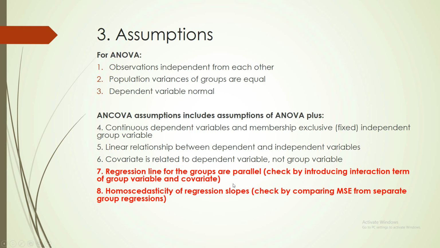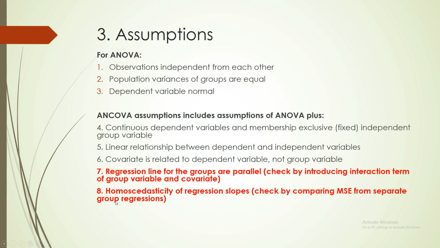The way we check for this assumption is we introduce an interaction term of the group variable and the covariate to see if this variable is significant. And if this variable is significant, then the regression lines between the groups cannot be parallel.